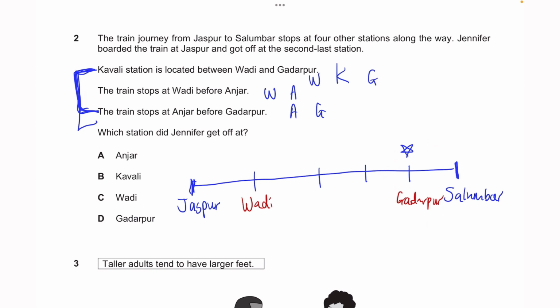So we can just plot Anja and Cavalli over here, because technically these are interchangeable. We're not given enough information to know specifically which one is where. And so we know that the station that Jennifer did get off at is D, Gadapur.